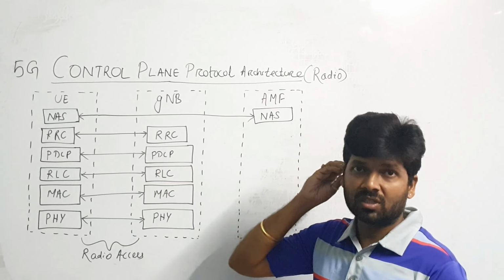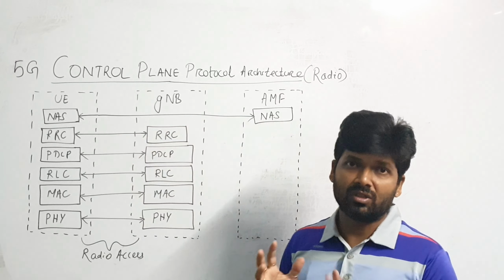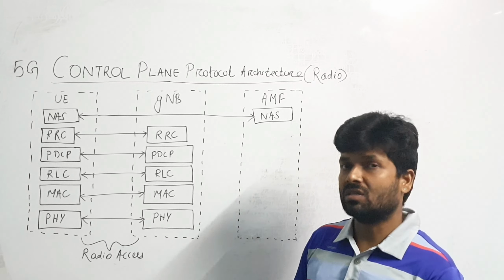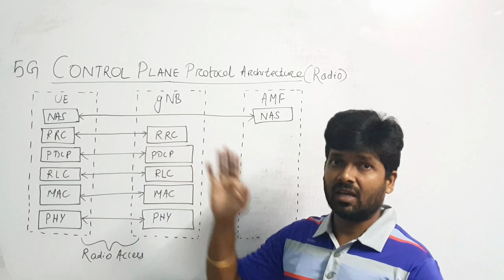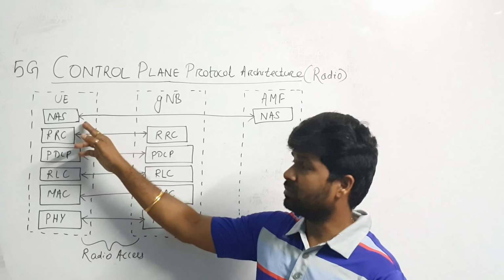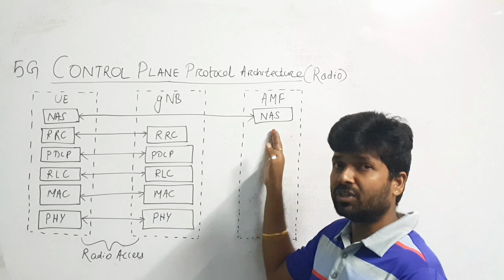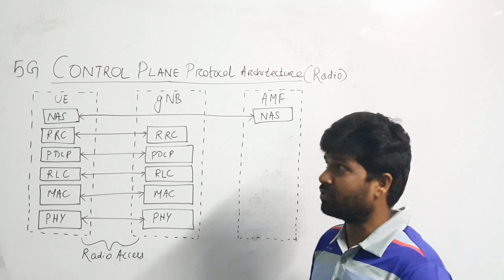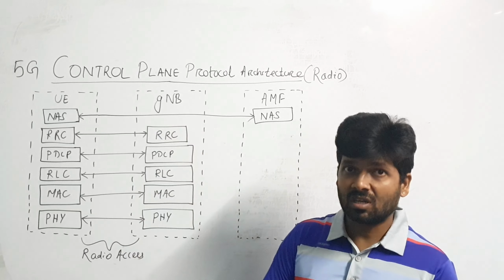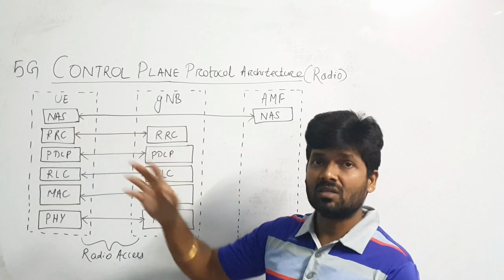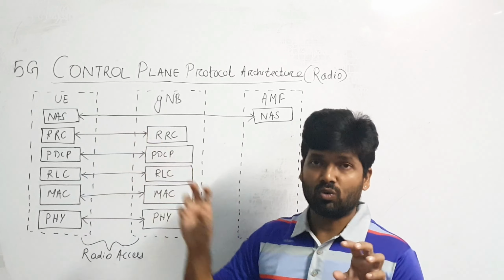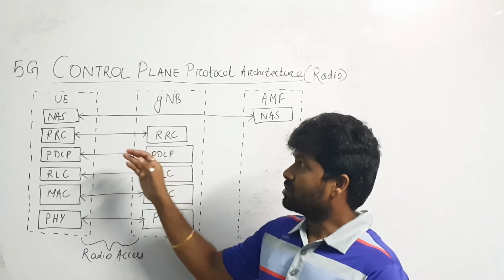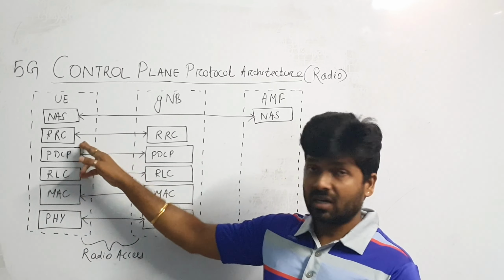Some codes are there through which the network understands this is the UE, and the network also has some security keys, which can be accessed only from the UE and decoded only at the AMF. gNode B just passes on any information going through this NAS protocol, the non-access stratum.